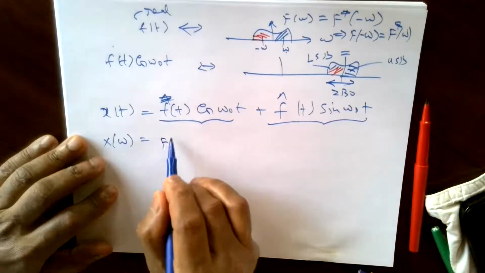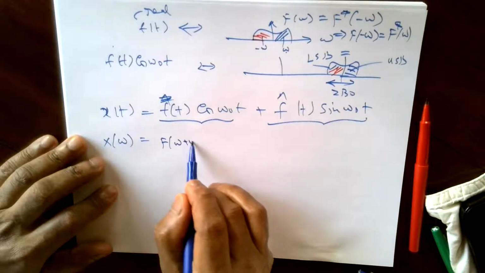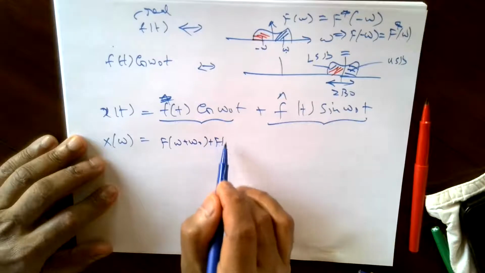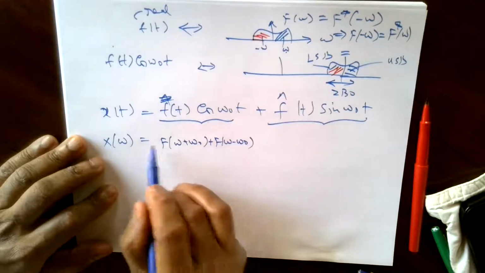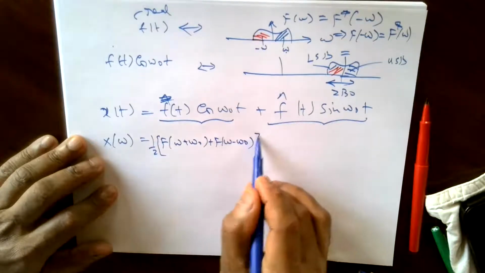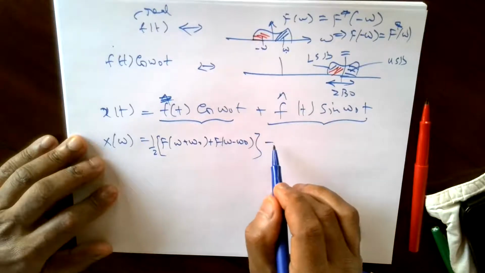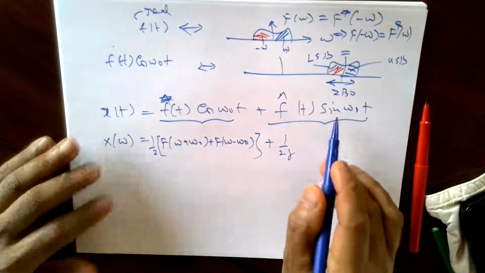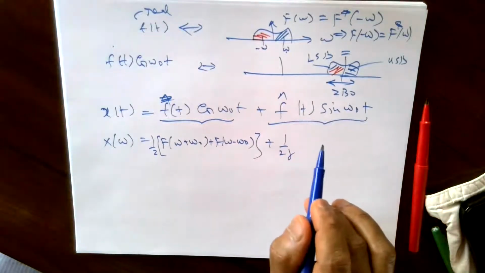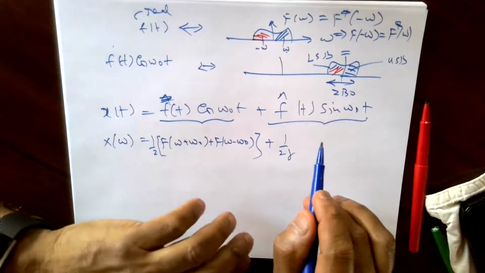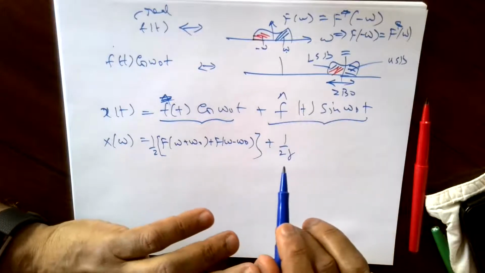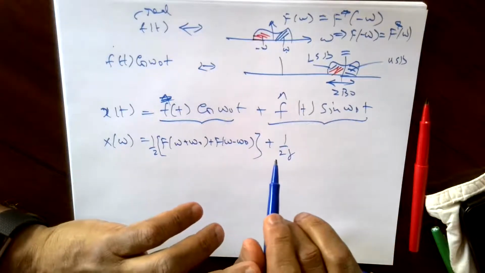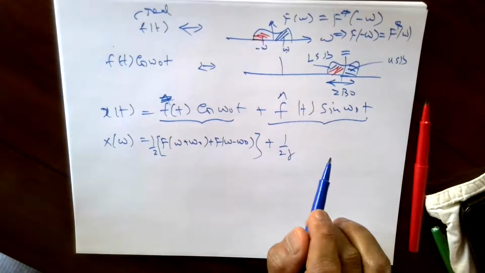So this is f omega plus omega naught plus f omega minus omega naught, by 2. Whereas here this is plus 1 over 2j, because sin omega naught t is e raised to plus j omega naught t and e raised to minus j omega naught t, by 2.